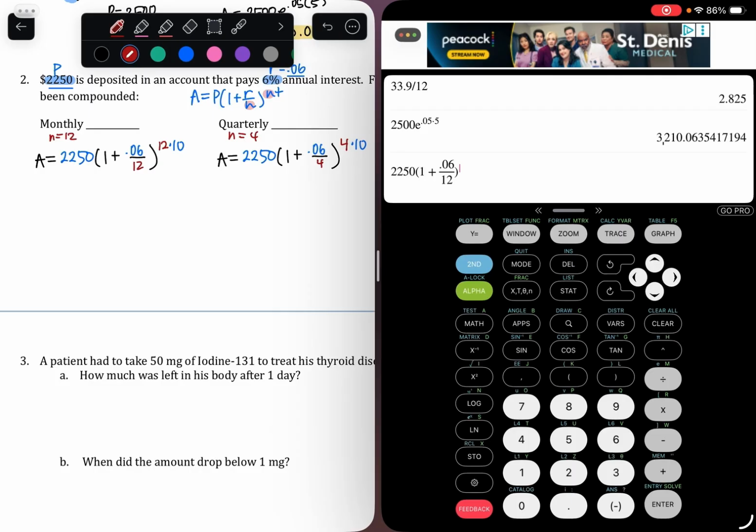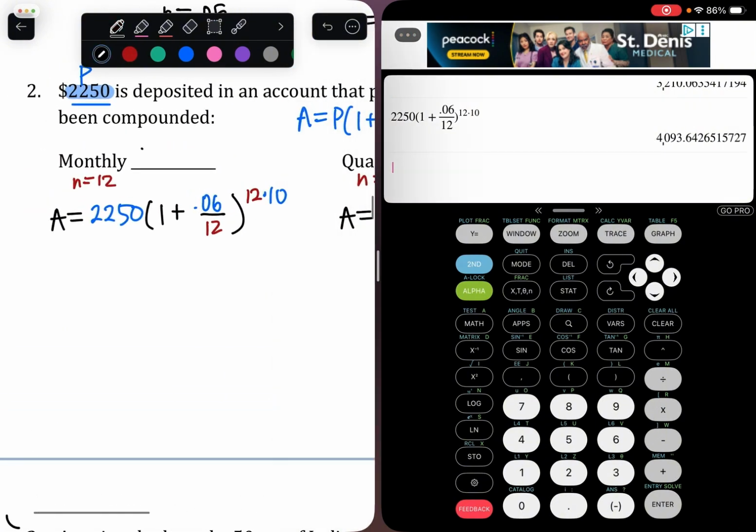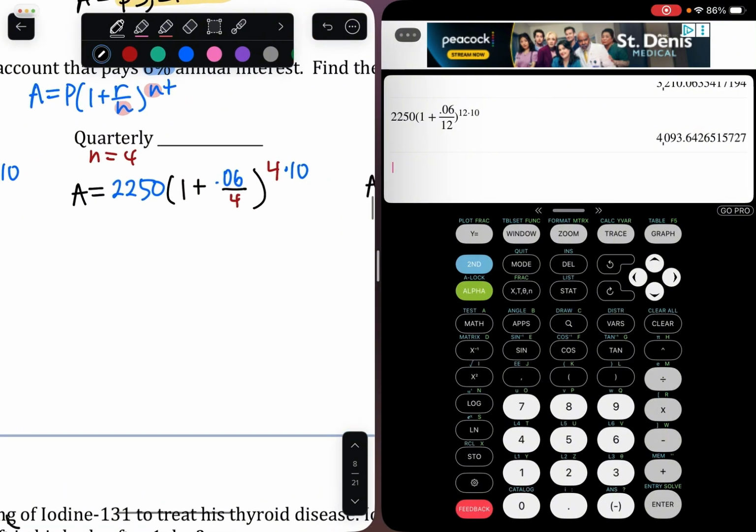And then raised to the 12 times 10. Okay, and so our final amount ends up being $4,093.64.